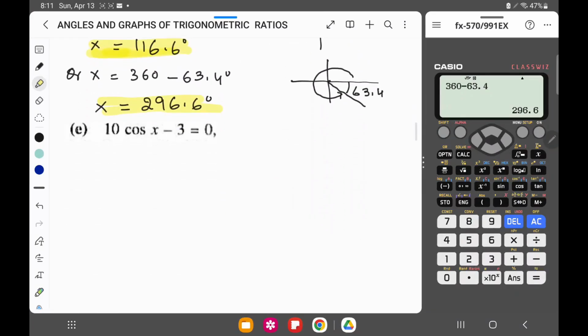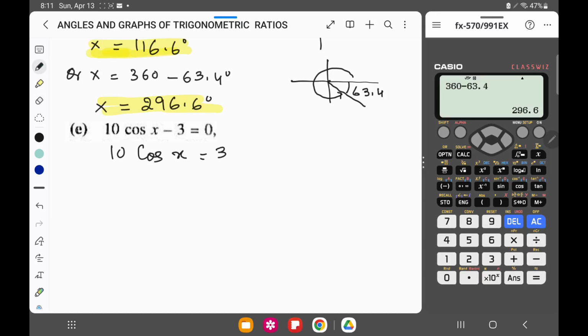Now part E, which we'll have to solve like an algebraic equation, the same way we usually solve, like x minus 3 is equal to 0. Okay, so solving the equation, 10 cos x is equal to 3.